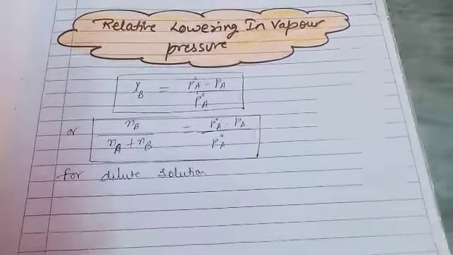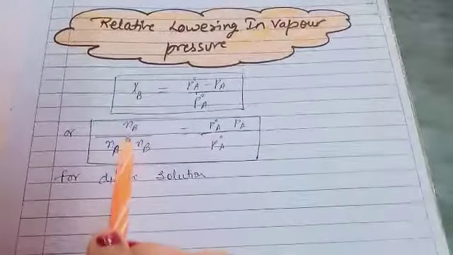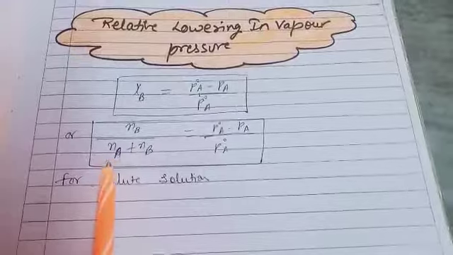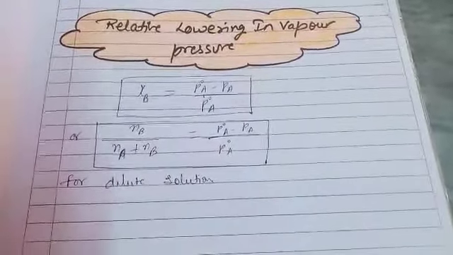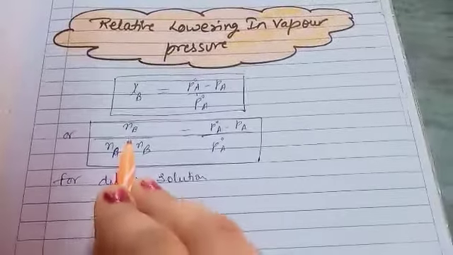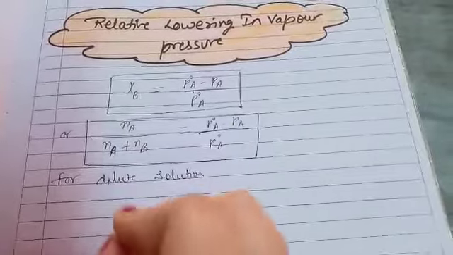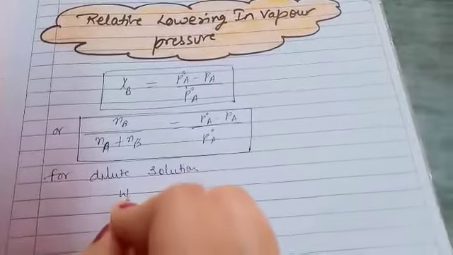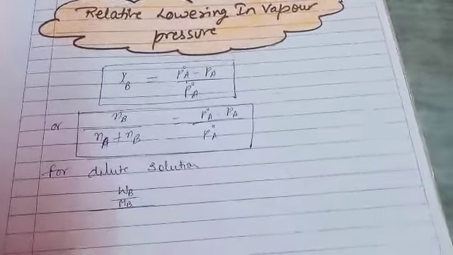Now for a dilute solution, again this one is NB upon Na plus NB, so you can expand your formula more. Instead of NB you can write what? Basically, number of moles is given mass upon molar mass, so that is WB upon MB, because we are talking about the solute.